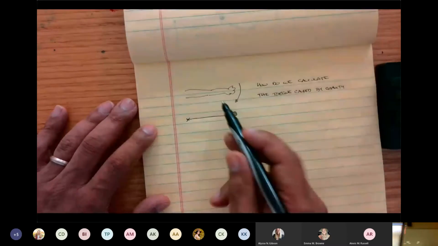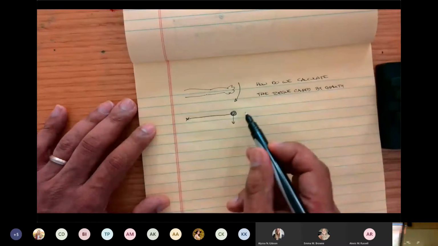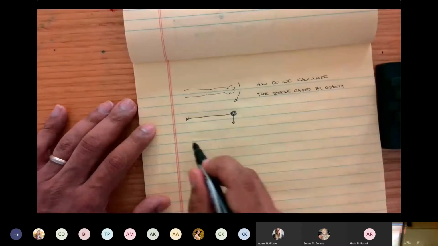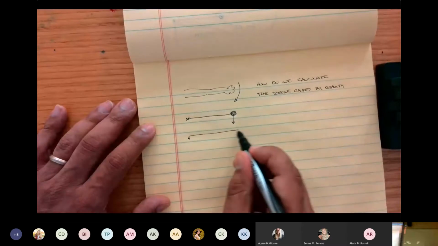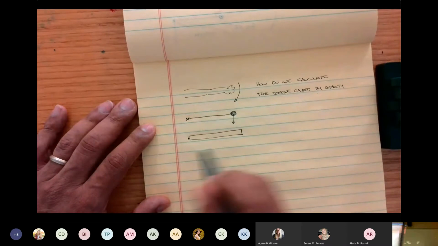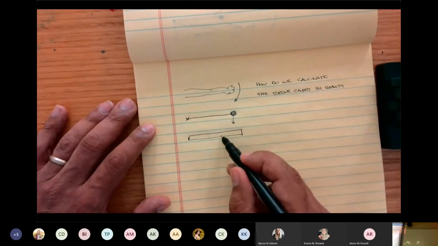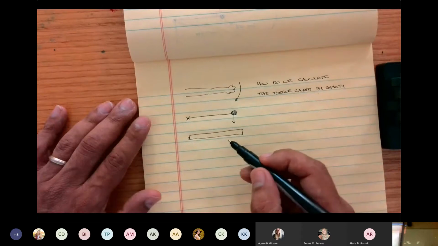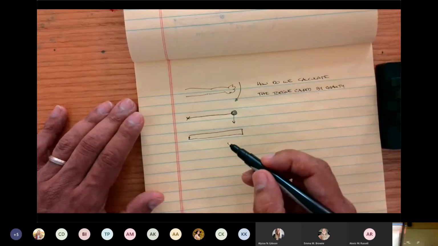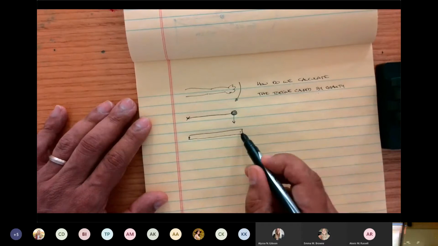But in the case of the arm, the mass is distributed along the whole length of the arm. So instead of having something like that, you have something that is more like a rectangle. And the mass that you have in this mass, you have it here. But now the radius, that distance to the pivot point, is not constant. Instead of just being in one location, it's all over this. So which one do we use?